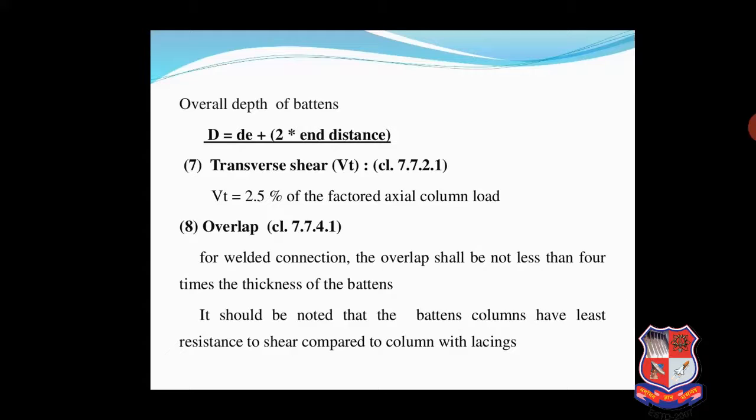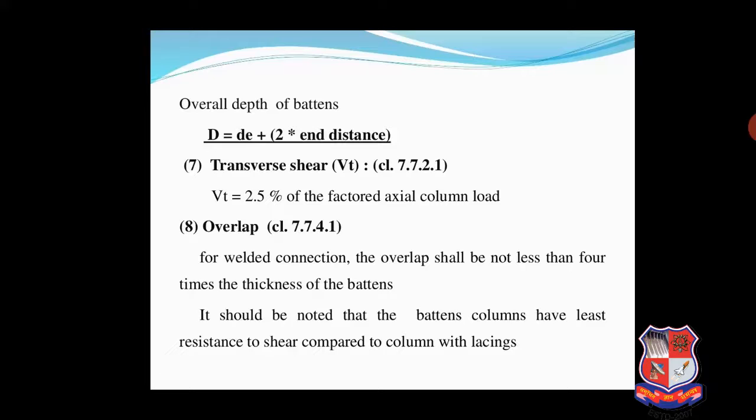The same criterion applies in lacing if welding is provided. It should be noted that a battened column has the least resistance to shear compared to a column with lacing.